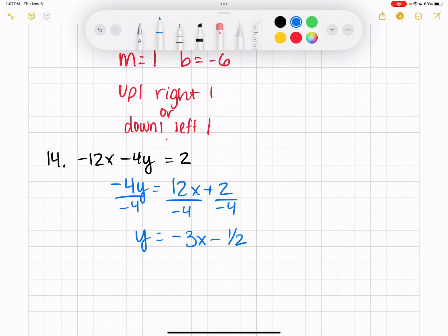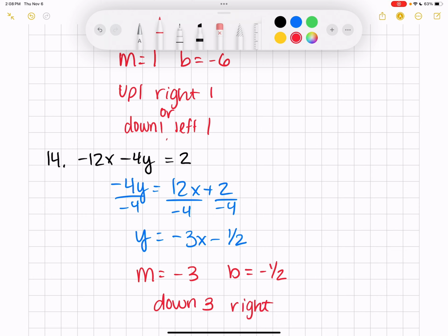All right, so what's the slope? Bro, you were literally talking over me. I was about to go through that. Slope is -3. What's my intercept? Negative 1/2. What is the slope of -3 telling me that I'm doing? Down 3, right 1.